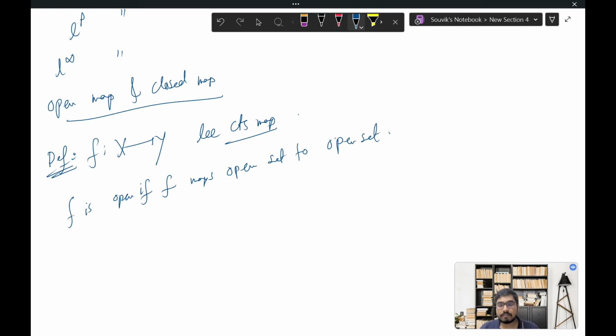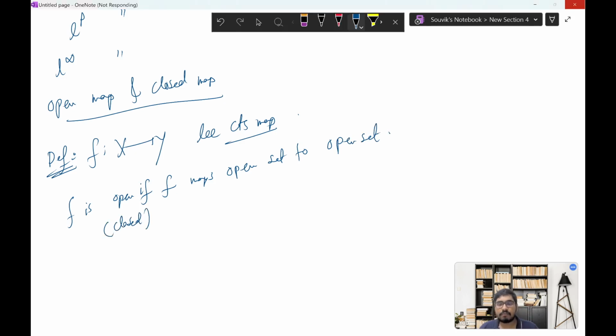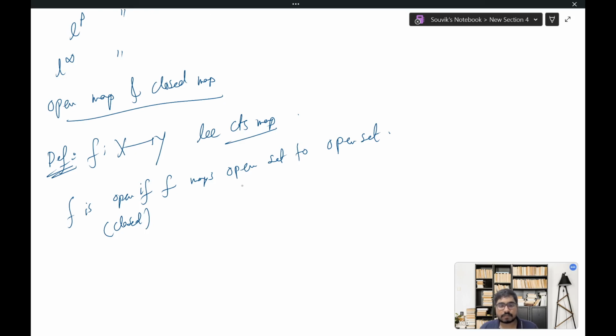And similarly, it will be a closed map if it maps closed sets to closed sets.